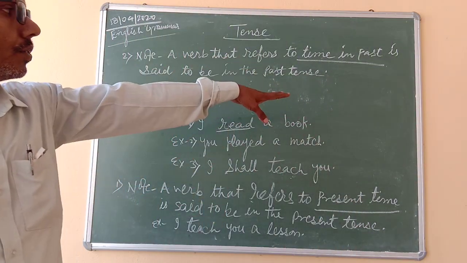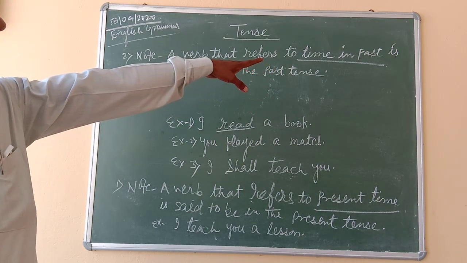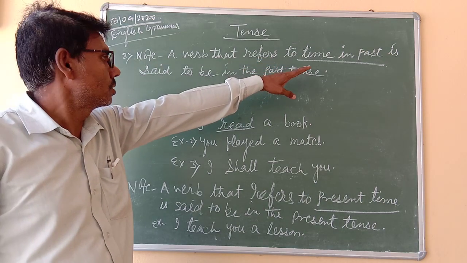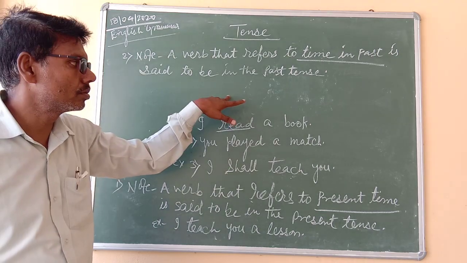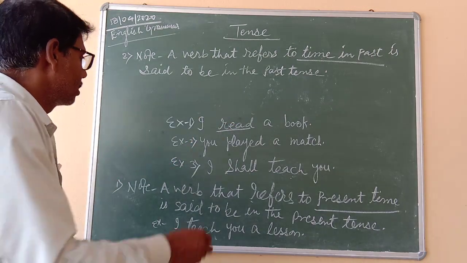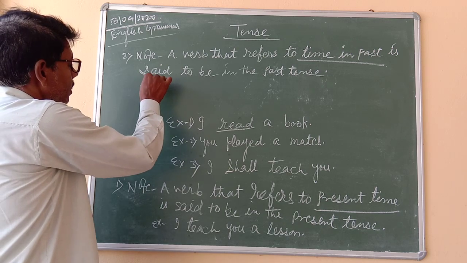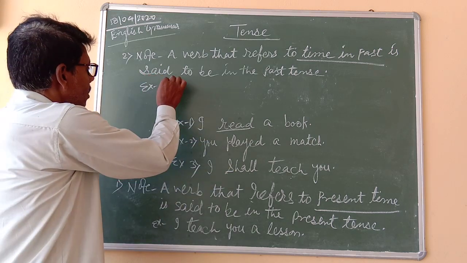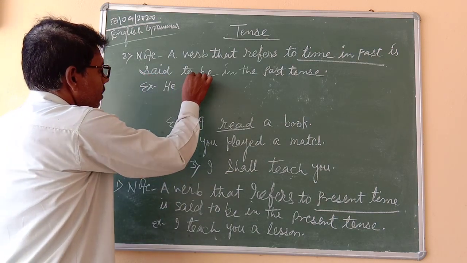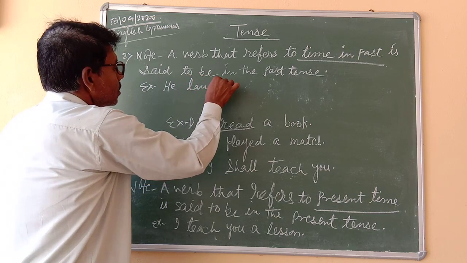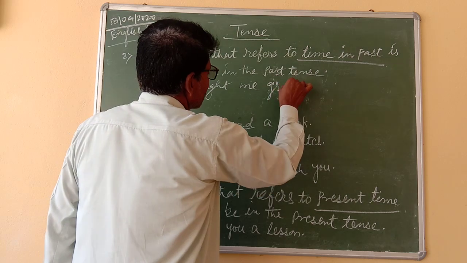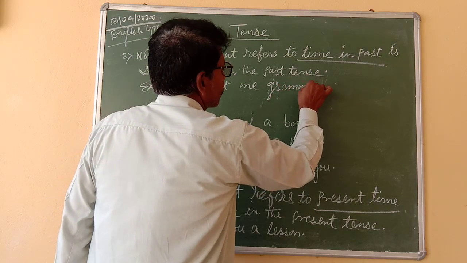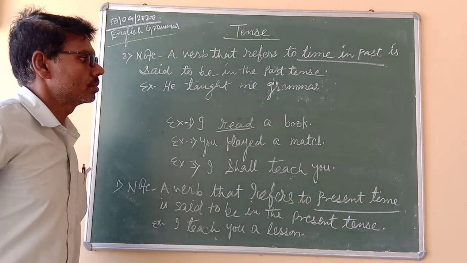A verb that refers to time in past is said to be in the past tense. Let us understand through an example. He taught me grammar.